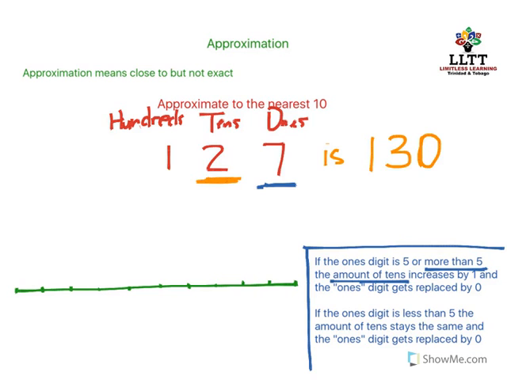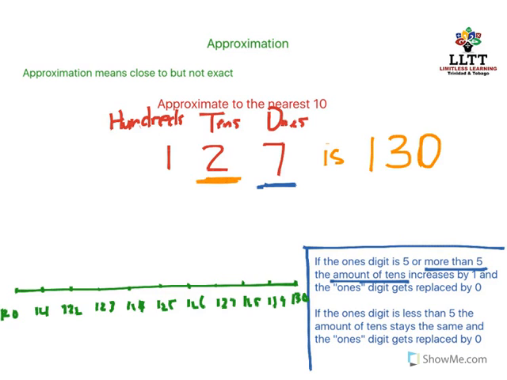And let's look at that again on a number line. So our number line is going to go from 120 to 130. 120, 121, 122, 123, 124, 125, 126, 127, 128, 129, and 130.